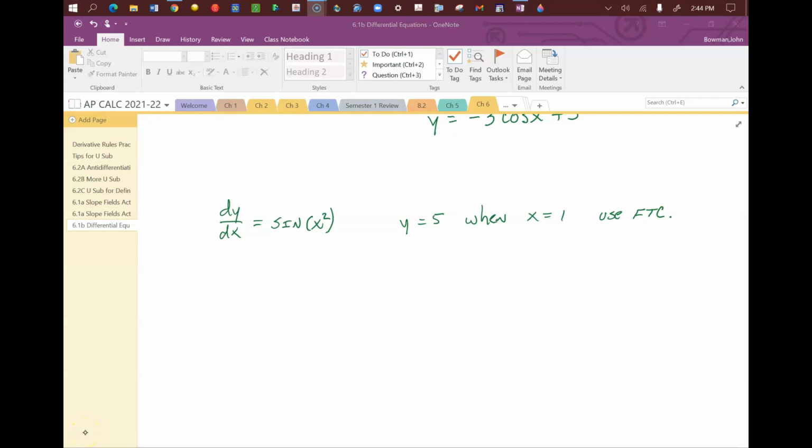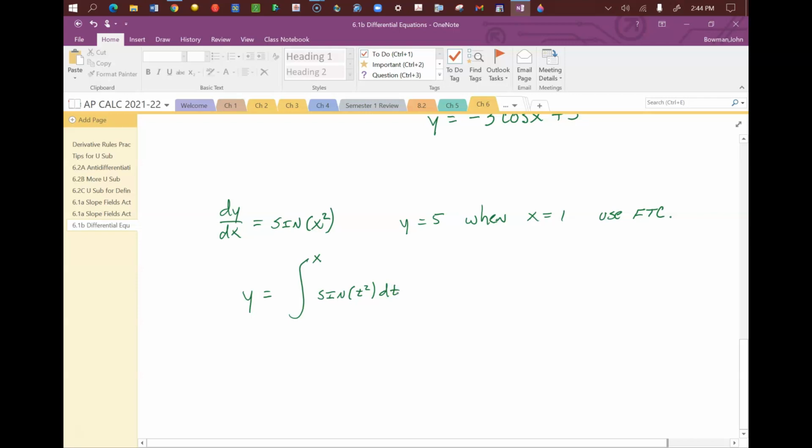So think about what you could differentiate to get dy/dx equal to the sine of x squared. Well, if you think about the fundamental theorem, you could say, oh, you know what? I can write myself an integral here, and I can make the upper limit x, and I could use the sine of t squared dt.